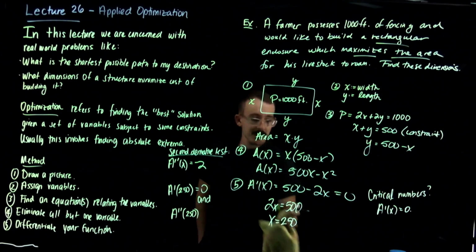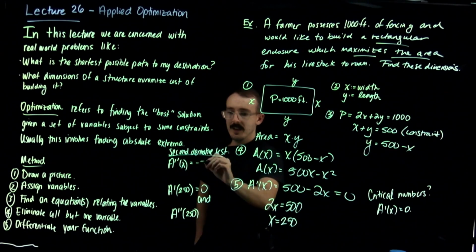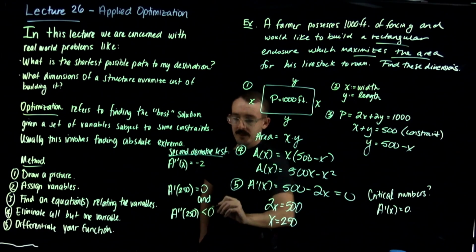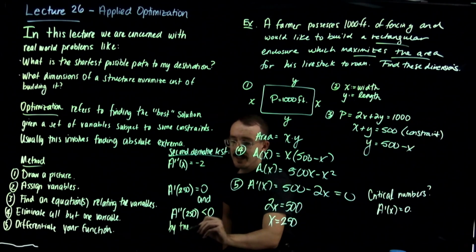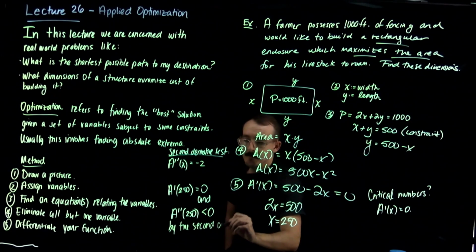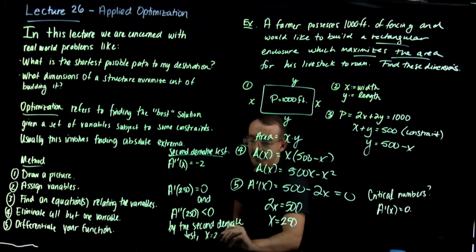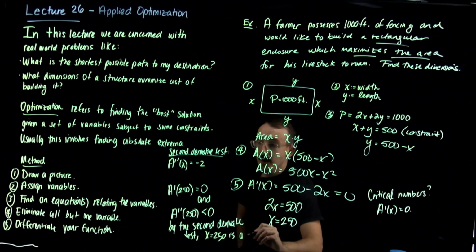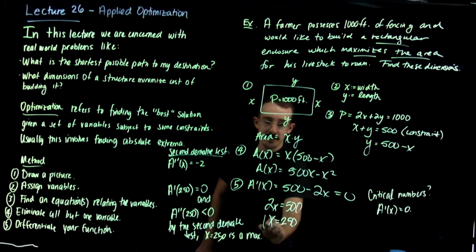Well, the second derivative is always negative 2. So that means this is negative. So by the second derivative test, we know that x equals 250 is a maximum. OK, so just checking that this was actually indeed a maximum.